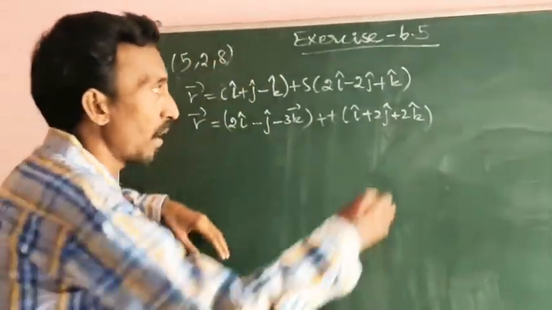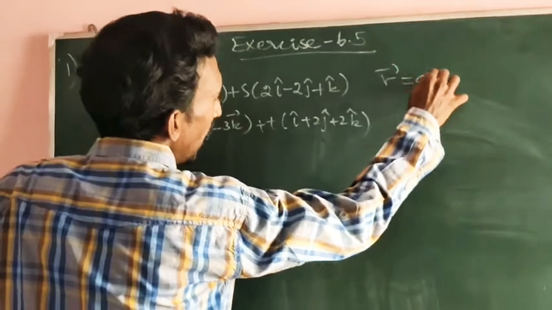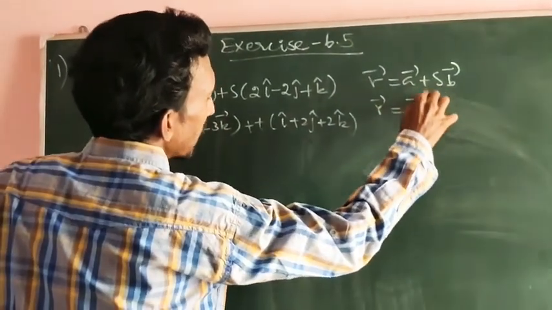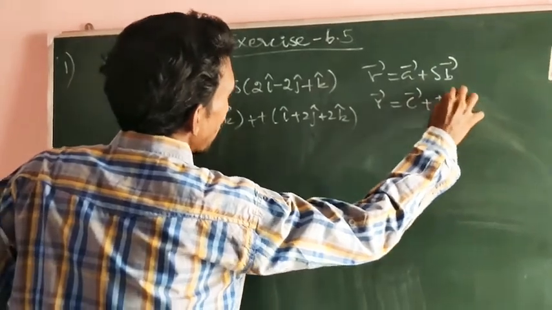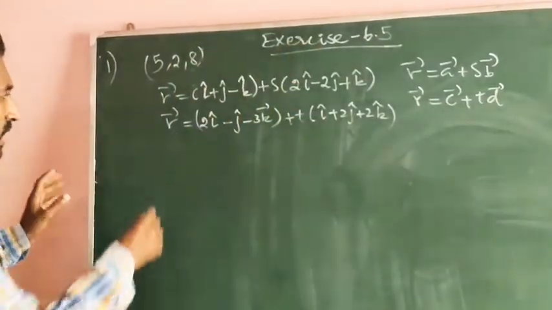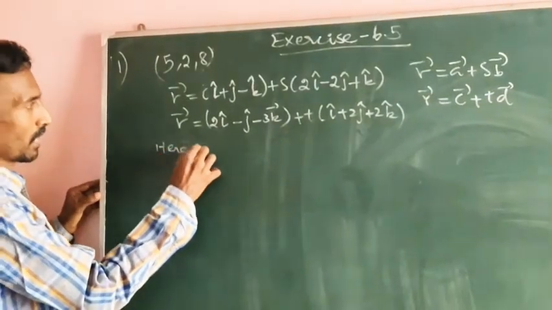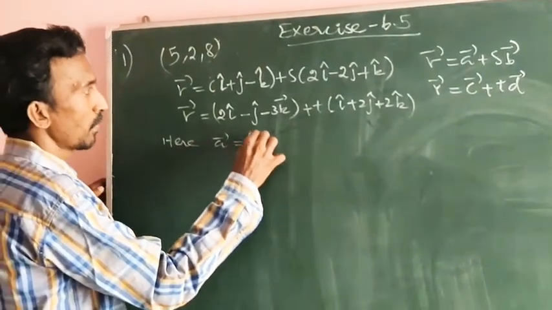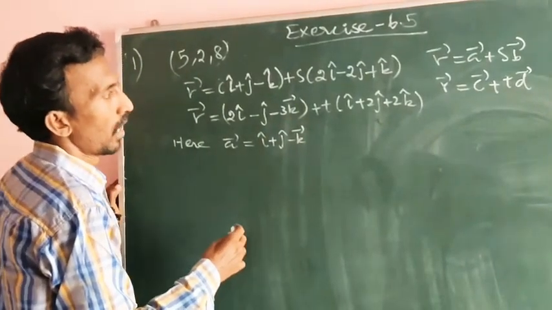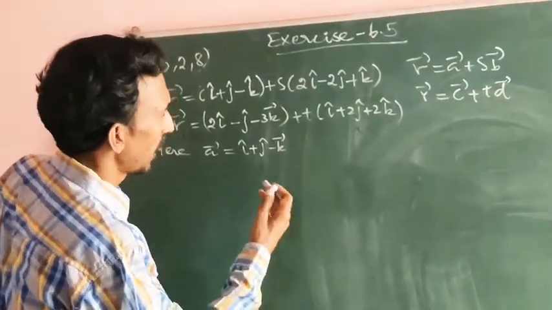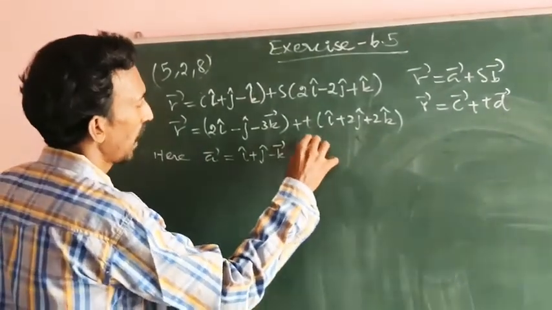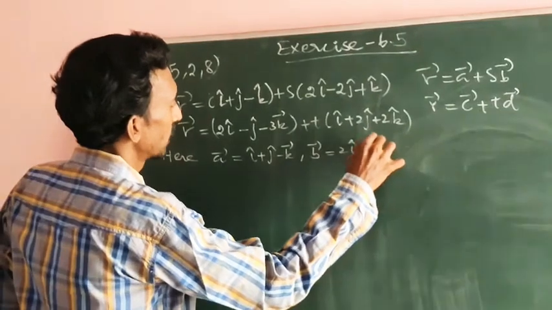Compare with the general form. Already we know that r vector equal to a vector plus s b vector, and r vector equal to c vector plus t d vector. So just compare and take down what we need. Here a vector equal to i plus j minus k, and c vector equal to 2i minus j minus 3k.